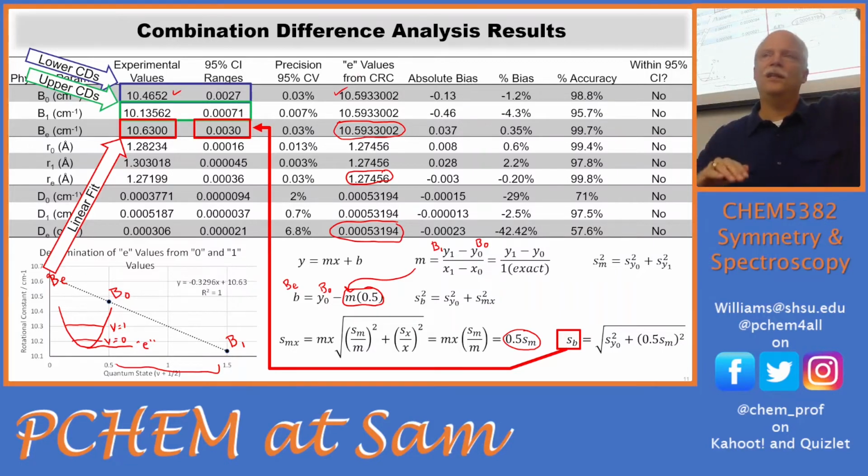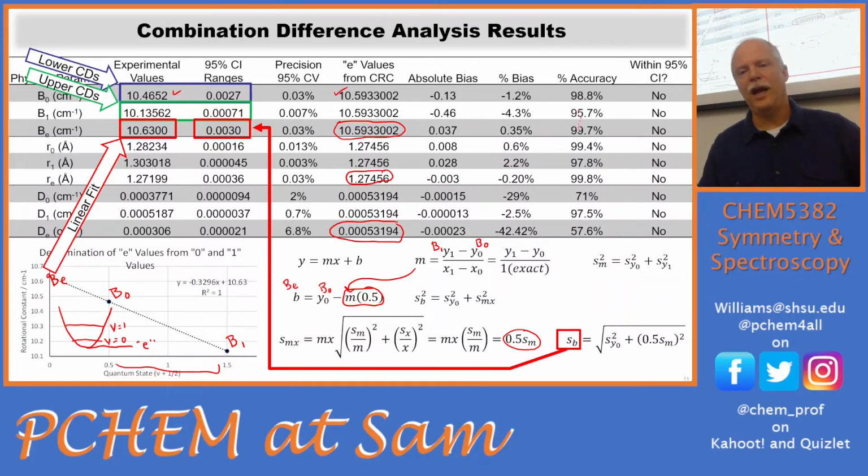One is the rotational state in the first vibrational excited state, and the other is the BE from the CRC. But we can take our experimental value minus the literature value, and that's what I mean by absolute bias. So we're 0.037 wave numbers high in our BE value from this determination, and only 0.003 angstroms low in our bond length.